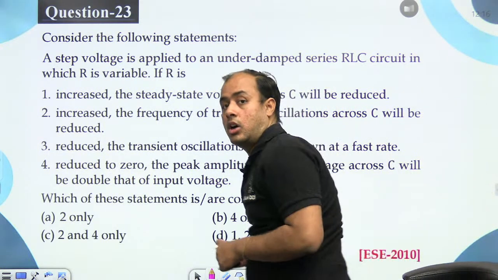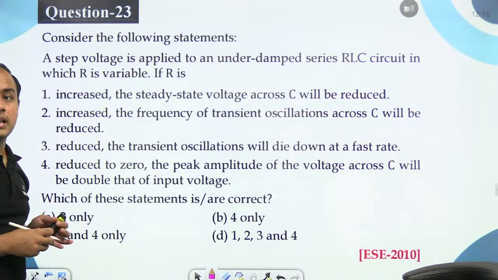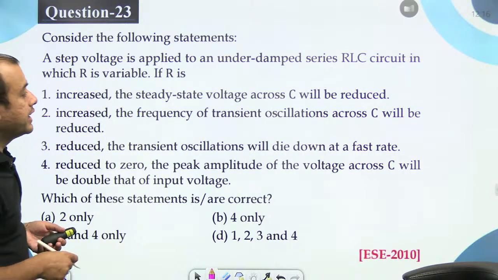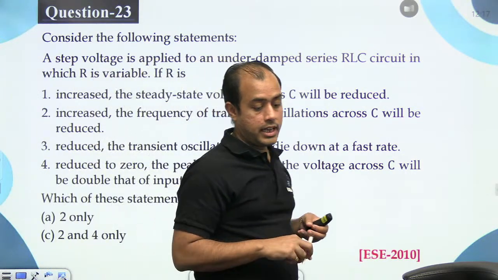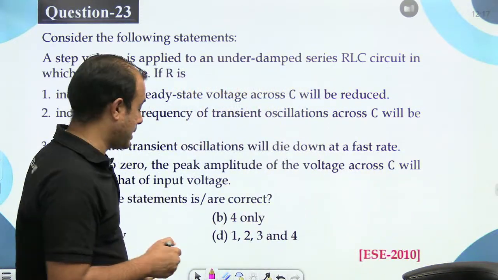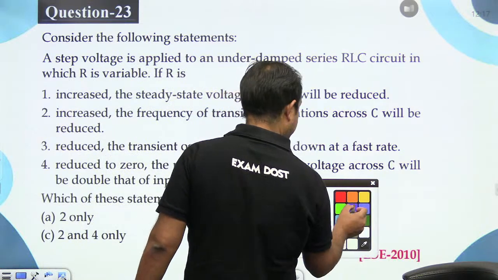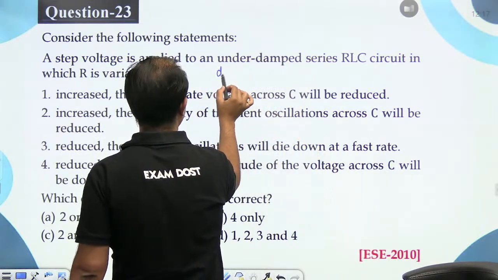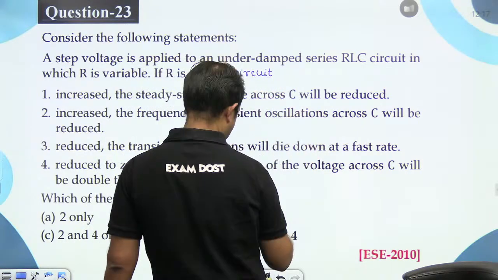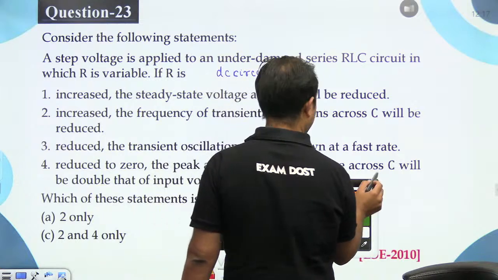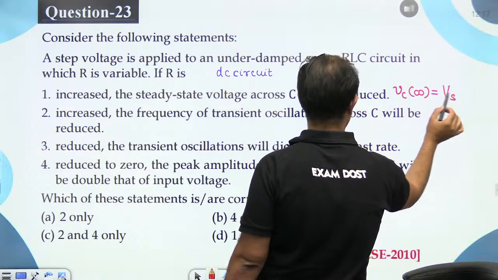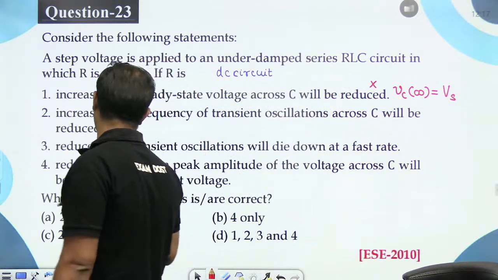Next, again ESE 2010. A step voltage is applied to an underdamped series RLC circuit in which R is variable. If R is increased, the steady state voltage across capacitor will be reduced. बेटा ये क्या है? ये एक डीसी सर्किट है. This is not AC circuit. So steady state voltage across capacitor, under steady state capacitor will be open circuit. So this option is wrong.